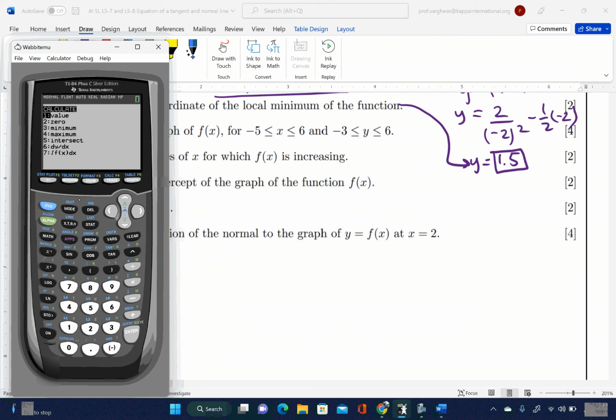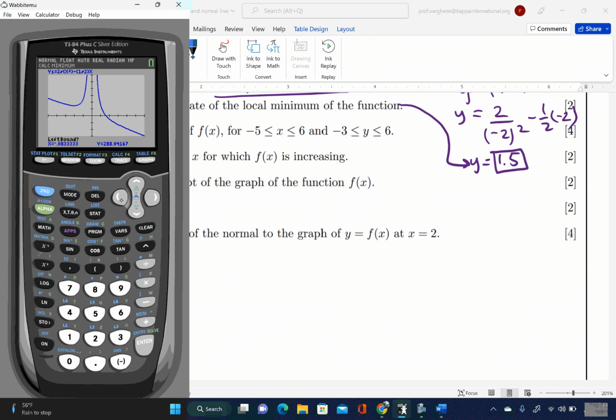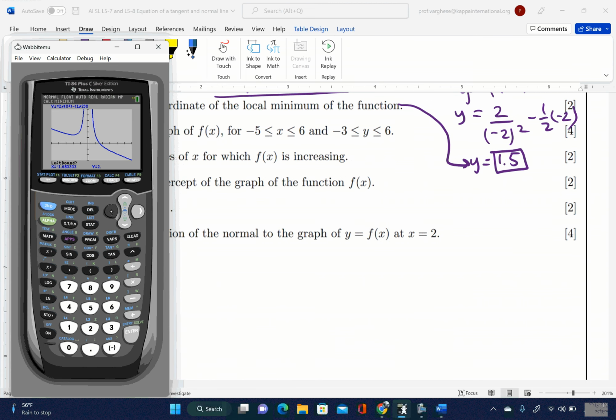So second calc, I'm looking for my minimum, which is option number 3. I'm going to go to the left. Okay, I'm going to go to the right.